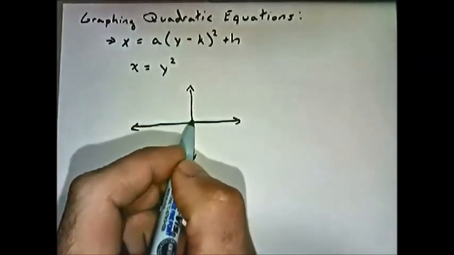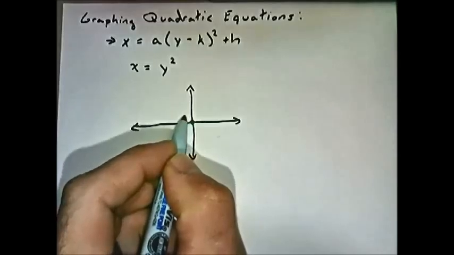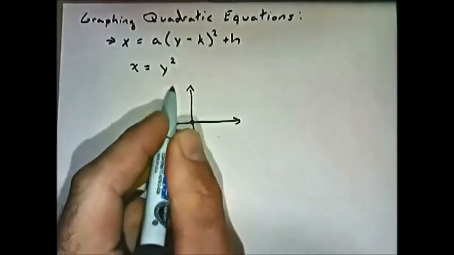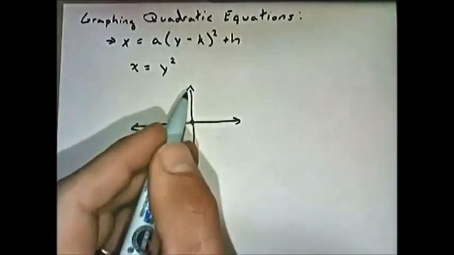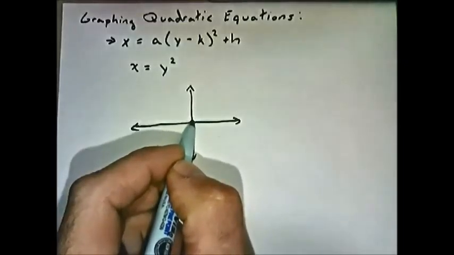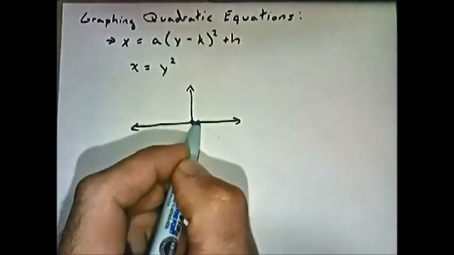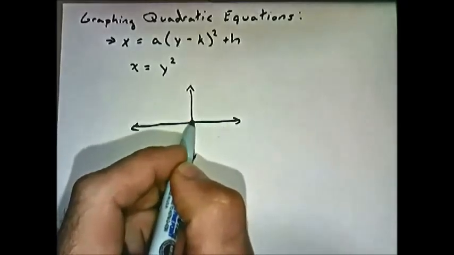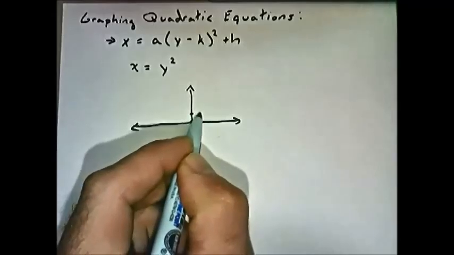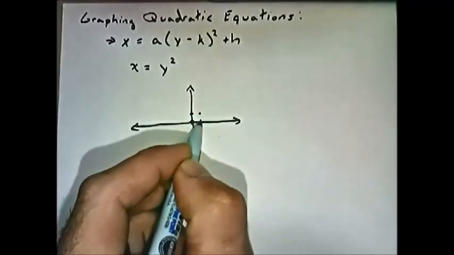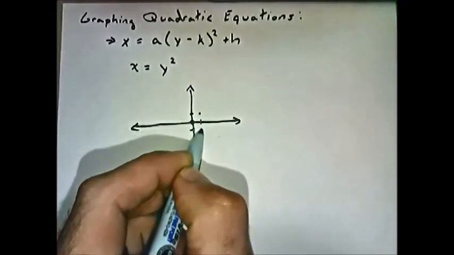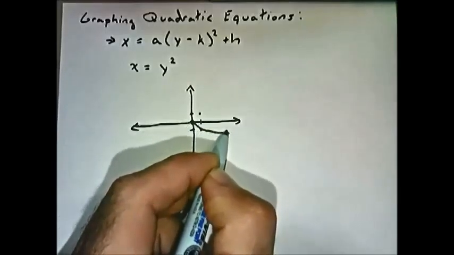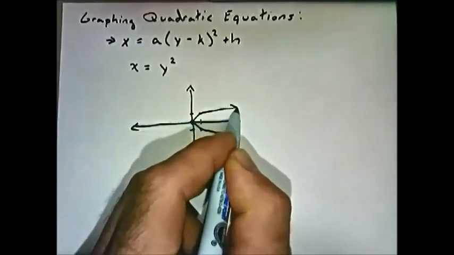But now, instead of going up 1 and over 1 in both directions, left and right, and drawing an upwards parabola, we're going to come sideways. Since we're a positive a value, we're going to open toward the positive numbers. We're going to come over 1 and up 1, and over 1 and down 1. So our parabola is going to open up sideways.